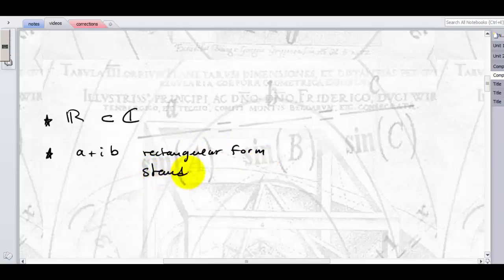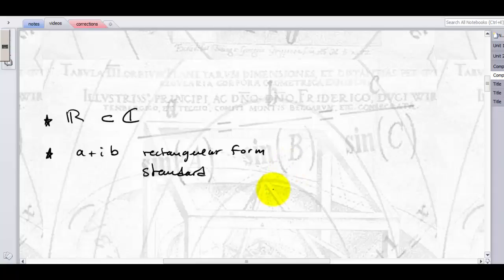The second one: the form a plus ib is called the rectangular form of a complex number, rectangular or standard. We call that the standard form. That means there are other forms, and we will look at them much later in the year.